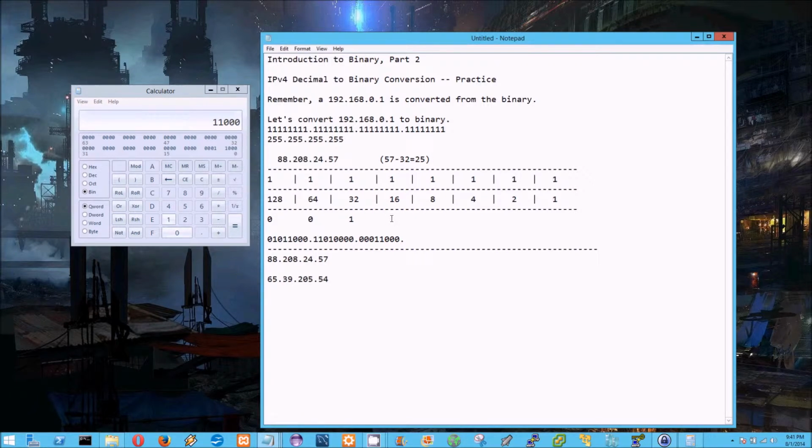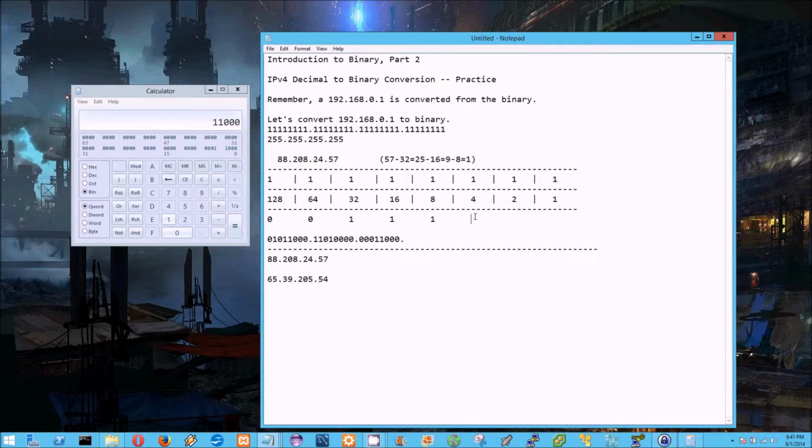Is 25 greater than or equal to 16? Yes. Set the bit and subtract 16. And what is that? That should be 9. So let's move on. 9 greater than or equal to 8? Yes. Set the bit, subtract 8, and that equals 1 is your next number to check.